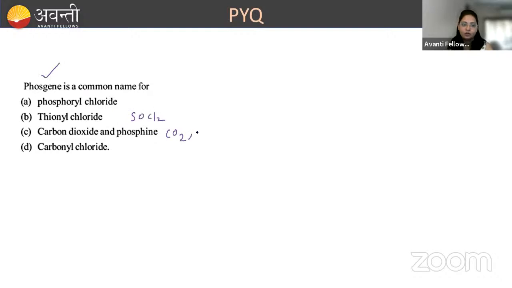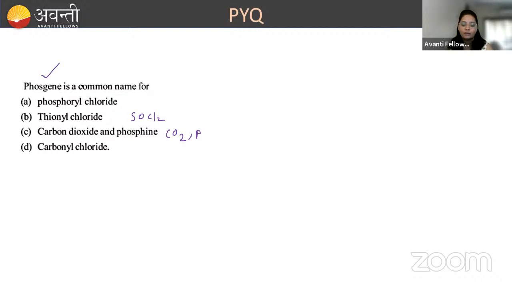Carbon dioxide, you know, as well as phosphine, you know. अभी ये दो तो मैंने बता दिए, right? Phosphine means what? Phosphine का पता है स्ट्रक्चर आप लोगों को? Yes, बताइए. Phosphine, what will be the structure?